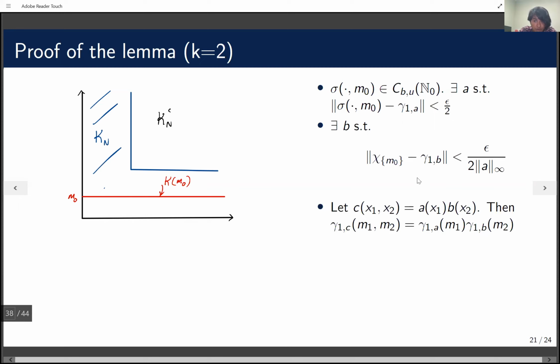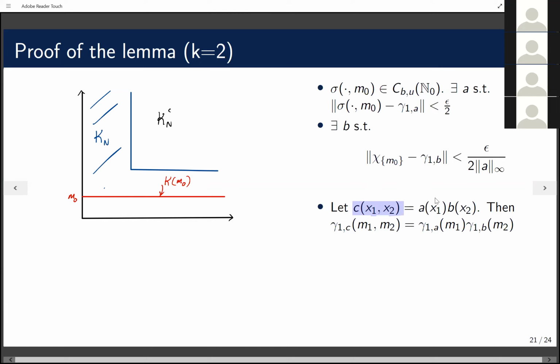These are all one variable eigenvalue functions. So we define this two variable function c(x1, x2) equal to a(x1) times b(x2). And if you look at the eigenvalue function with this symbol, it's gamma 1a of m1 times gamma 1b of m2.